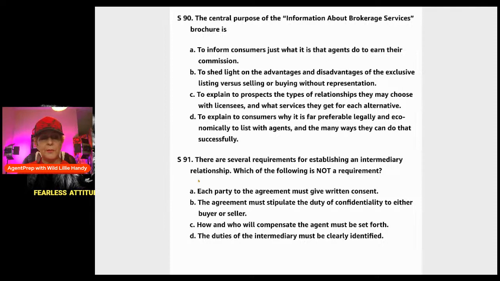The answer says intermediary agreements are specifically designed to avoid one-sidedness. So they're neutral. The intermediary can't be with one side or the other. So confidentiality to one person would not be acceptable. It is one of our duties, and confidentiality to one party would not be acceptable. Duties, however, must be spelled out, as well as the compensation plan.